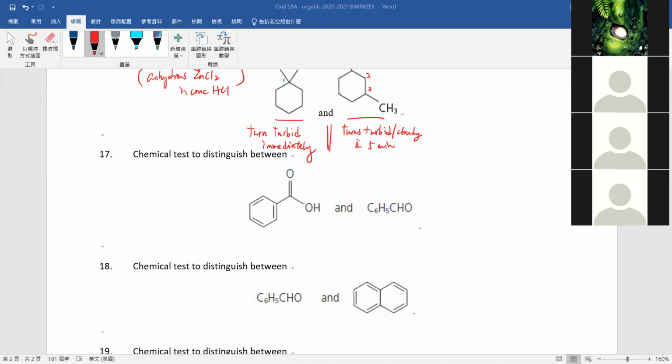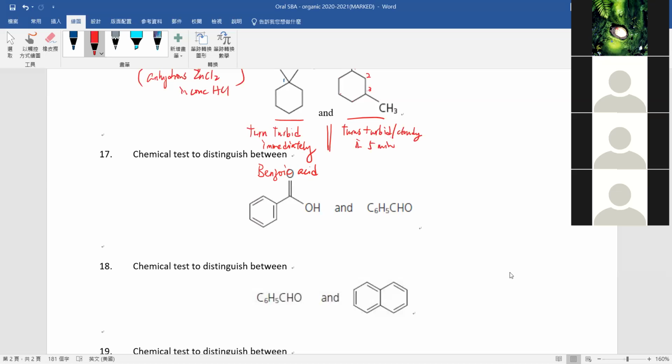Is it correct? We call it benzoic acid. No n. It's not benzonic acid, it's benzoic acid. Okay, the other one, benzaldehyde. Is it correct? Yeah.